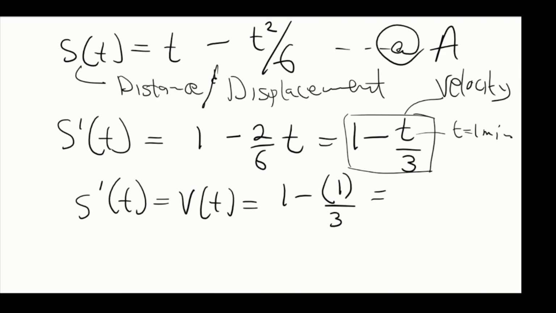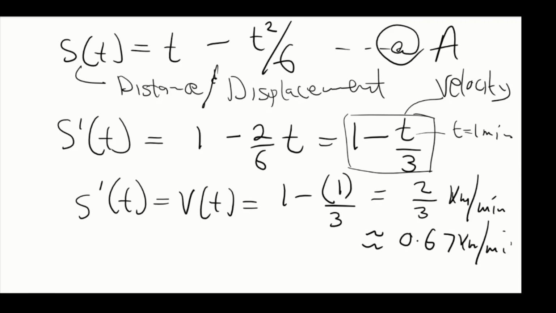Therefore our velocity is 2/3 kilometers per minute. If you write it in decimal form, it's going to be 0.67 kilometers per minute. So this is the velocity at which this bus travels immediately after 1 minute.